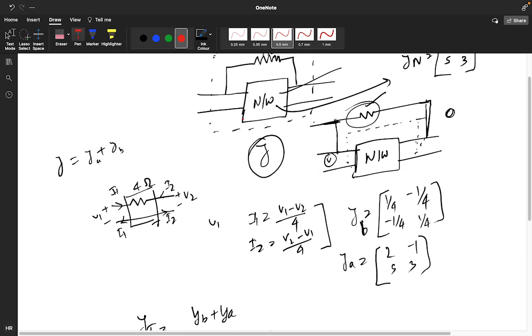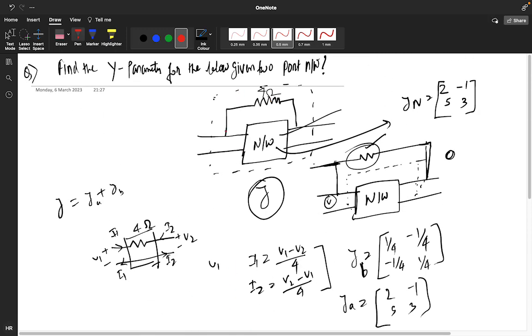So I solved it like this. It is parallel connected, see the potential. In a parallel connection, Y parameters add. The network's Y parameter is given. You need to find the Y parameter of simply a wire.